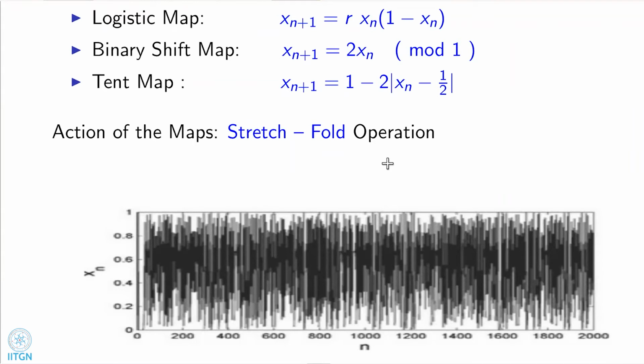Both of them are running away. But suppose this whole thing is constrained to come back into that same region. Then imagine the complexity: locally they are flying apart, but they have to get back to the same space where they are kept bounded. So this fold operation also is very important, not just the stretch.